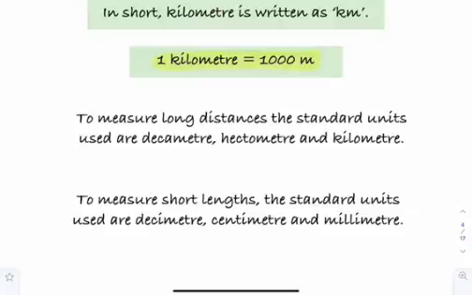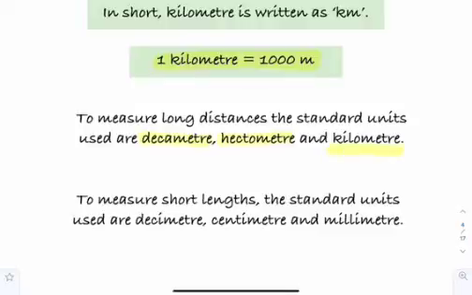Now, to measure long distances, the standard units used are decameter, hectometer and kilometer. Children, we usually don't use the other units I have mentioned, like the decameter and hectometer, but we generally use the kilometer a lot.